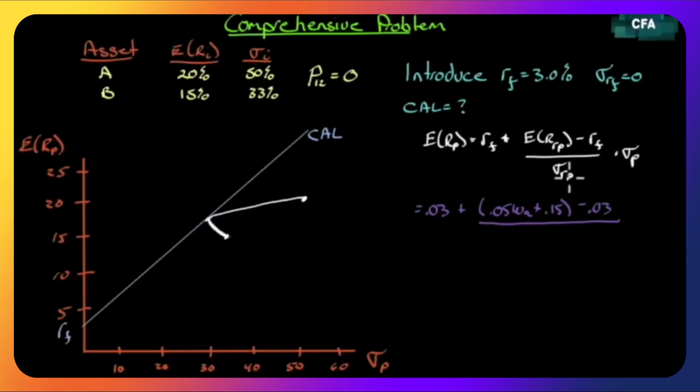And we'll divide that by the standard deviation of the risky portfolio, and we figured that to be 0.3589 WA squared minus 0.2178 WA plus 0.1089, and all of this, of course, is multiplied by the standard deviation of the portfolio.